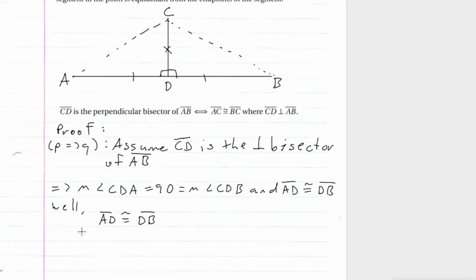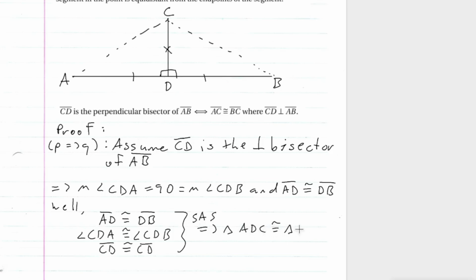We have angle CDA is congruent to angle CDB. And we have CD is, of course, congruent to itself, right? So these three things together imply, by side angle side, that triangle ADC is congruent to triangle BDC.